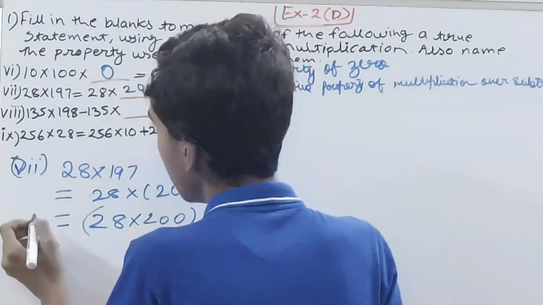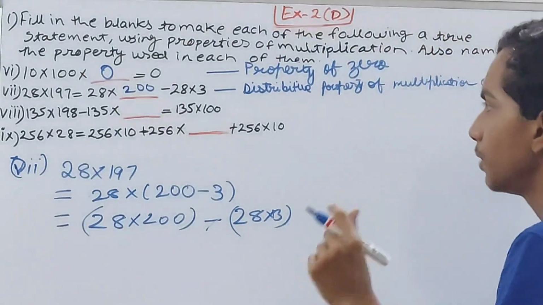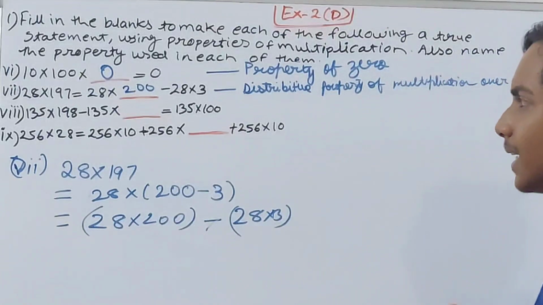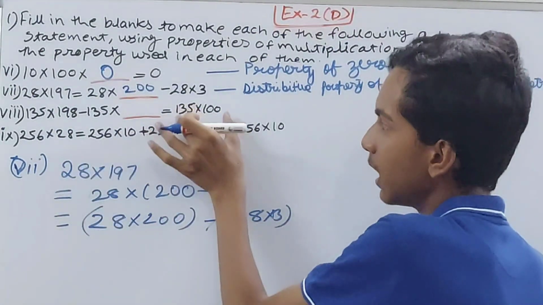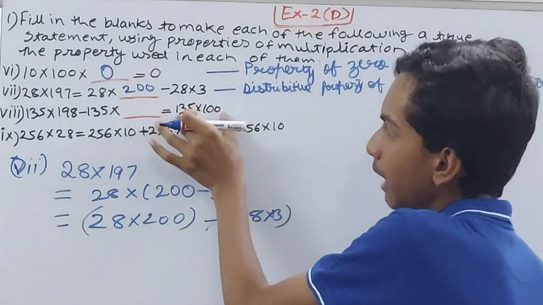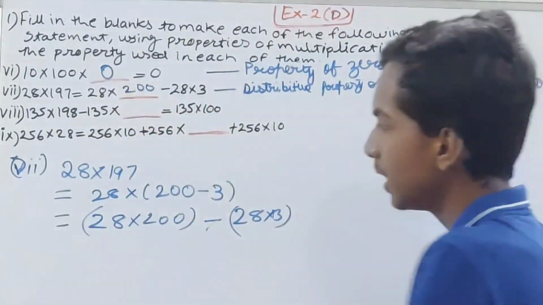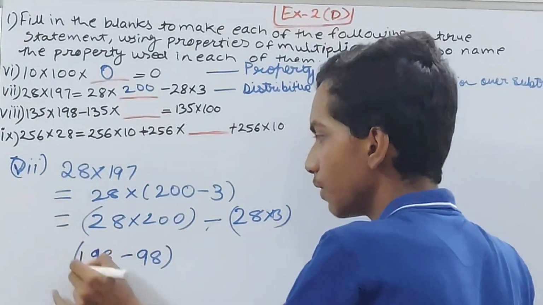Now see the eighth one, same thing, 135 into 198 minus 135 into dash gives you 135 into 100, and it's given here already, the total. Like here we had this, here we have this. Now see 135 into 198, how they have broken down 198? 200 minus 2, this is how you will break it down.